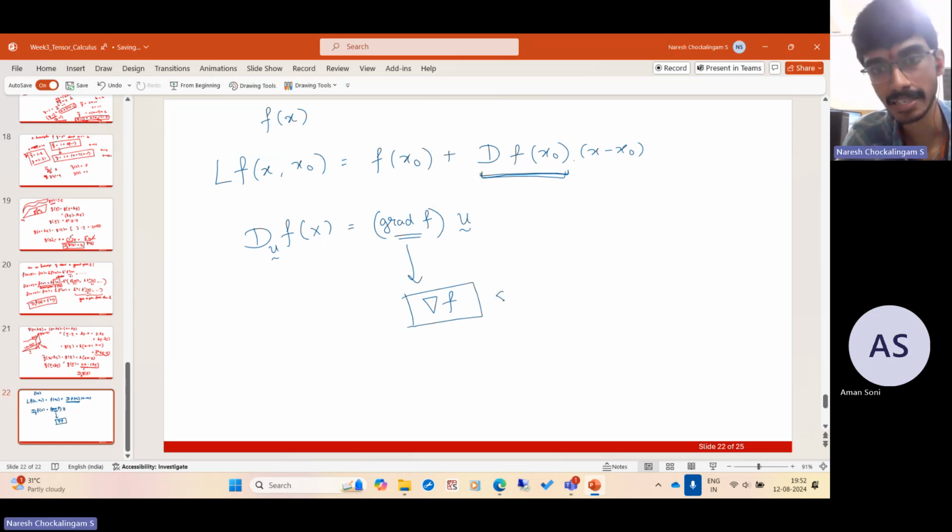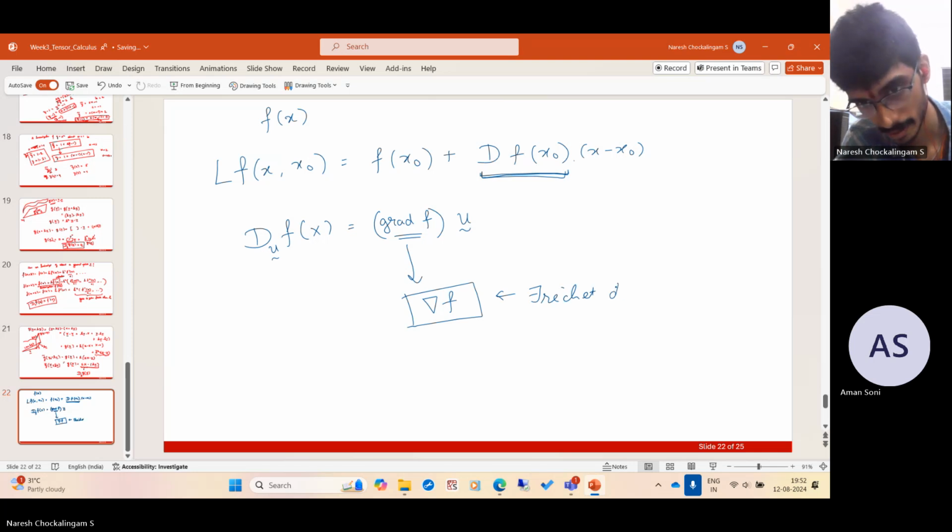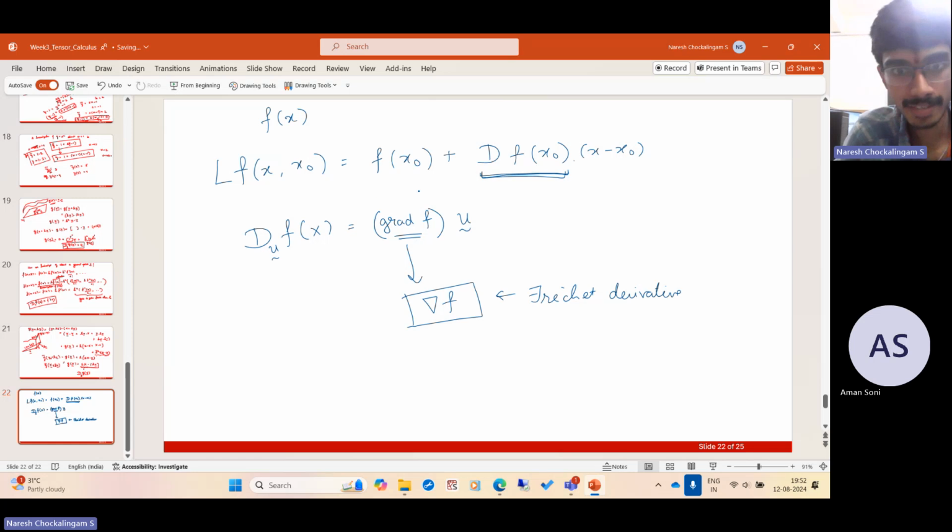This is also known as the Frechet derivative. So if there is a linear function acting on a given vector and it returns the directional derivative in that direction, such a function is called the gradient of the given function.